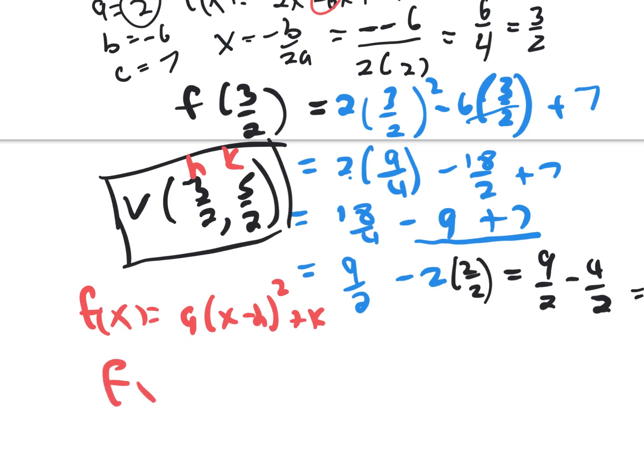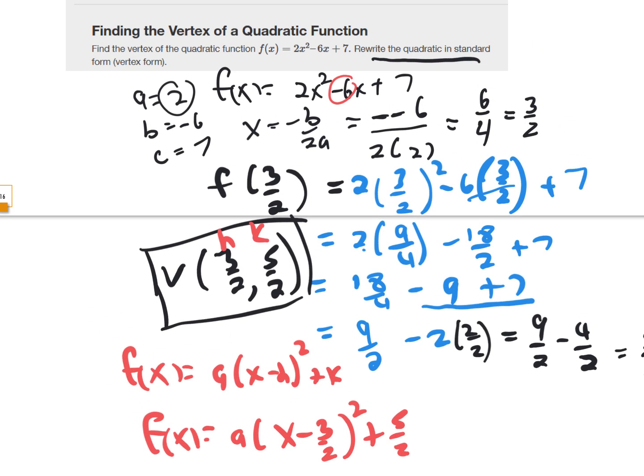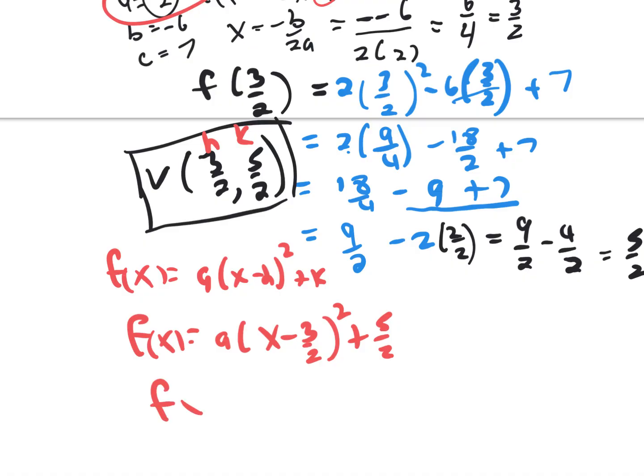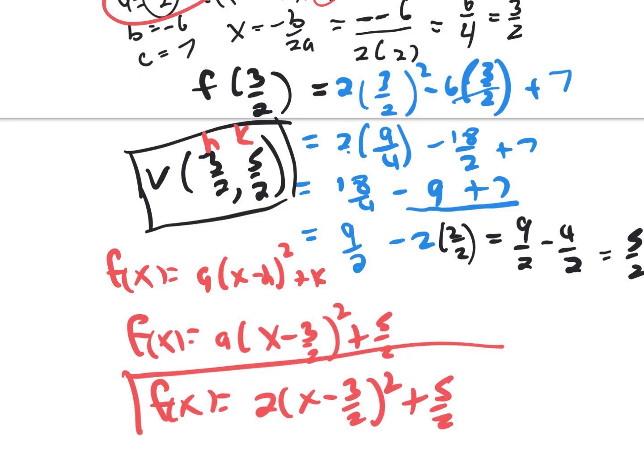F of x is A times x minus 3/2 all squared plus the k, 5/2. Now, I already have the A because it's the same A as when I did this up here. So we're done. F of x is 2 times x minus 3/2 all squared plus 5/2. There it is in standard form.